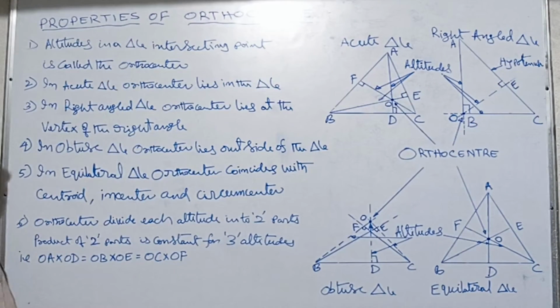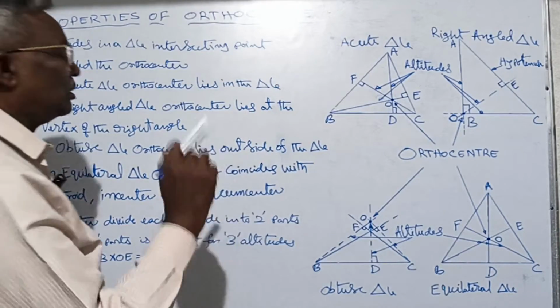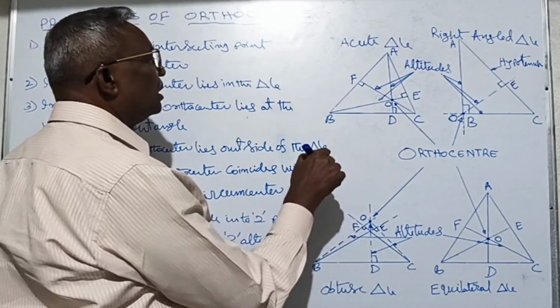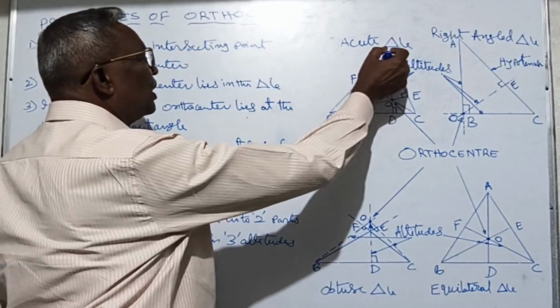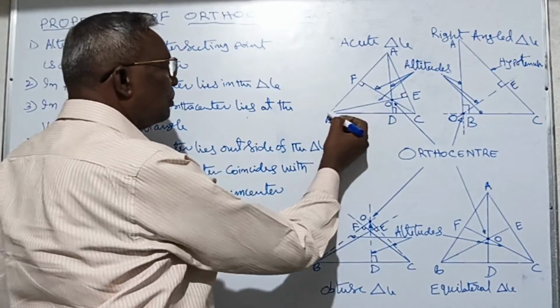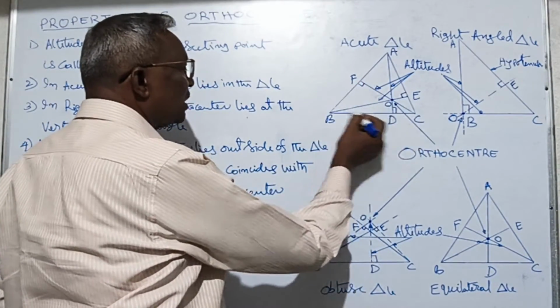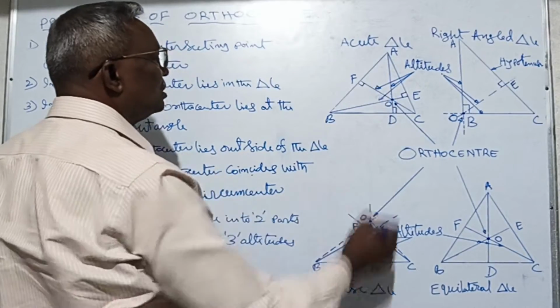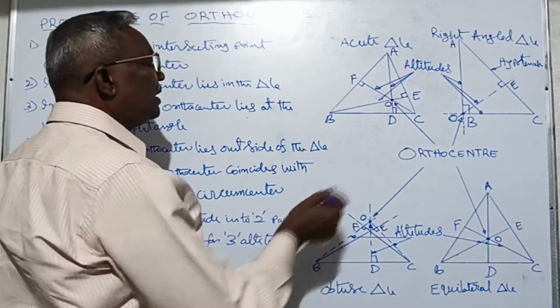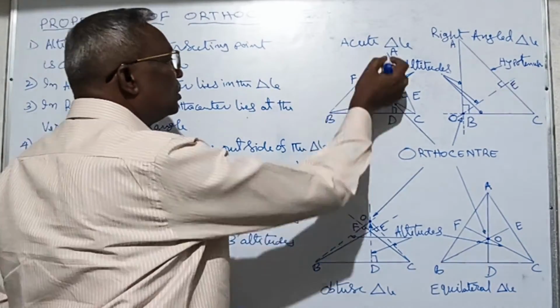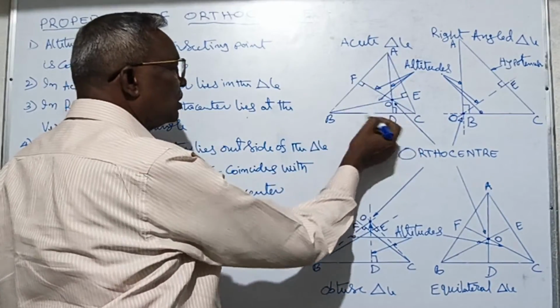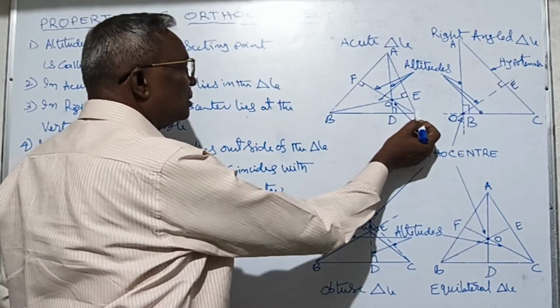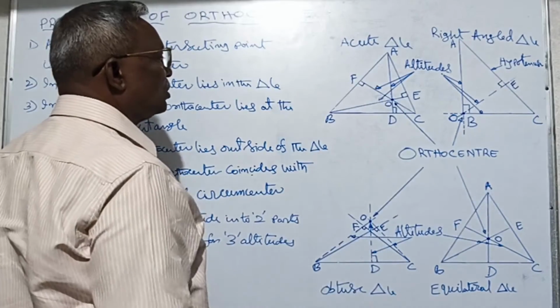Next, what is altitude? In any triangle, from vertex to perpendicular to the opposite side is called altitude.